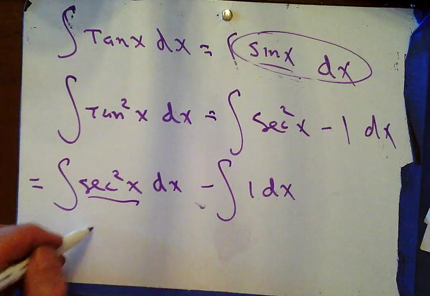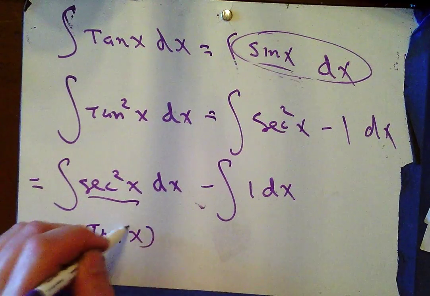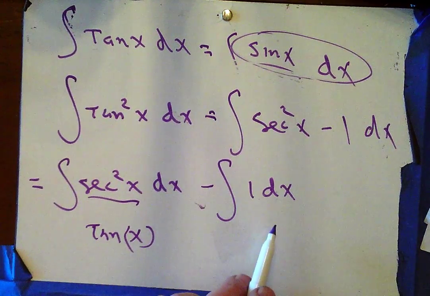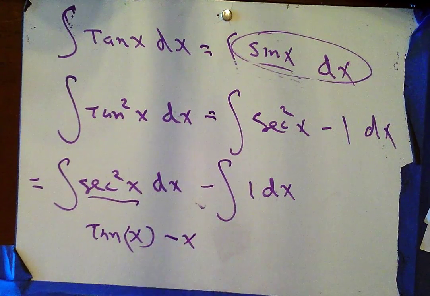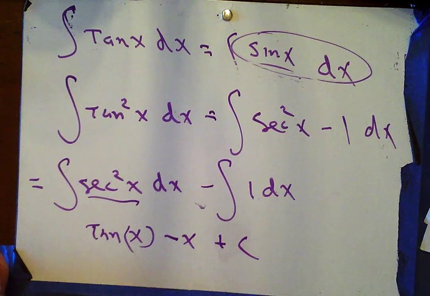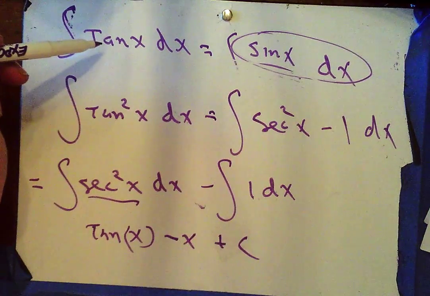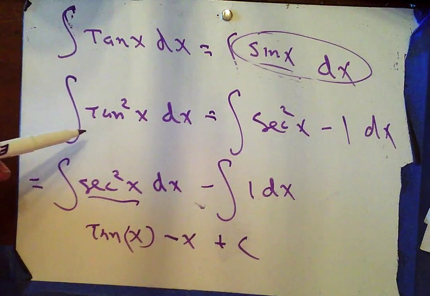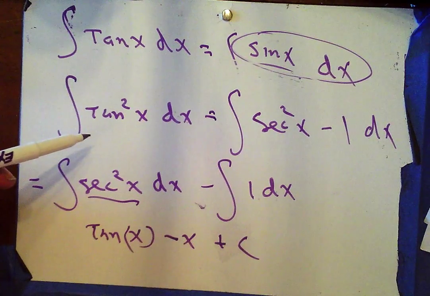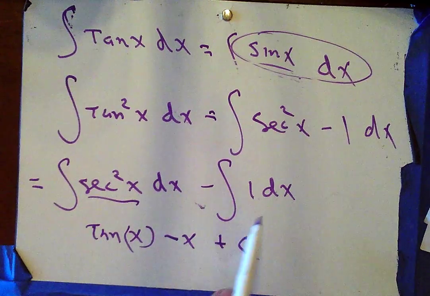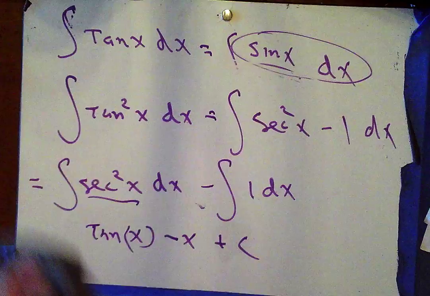Whose derivative is that? That's tangent's derivative. Whose derivative is that? That's the derivative of x. Don't forget your plus c. So this one was a u sub. This one was Pythagorean identity substitution, and then a pretty straightforward integral.